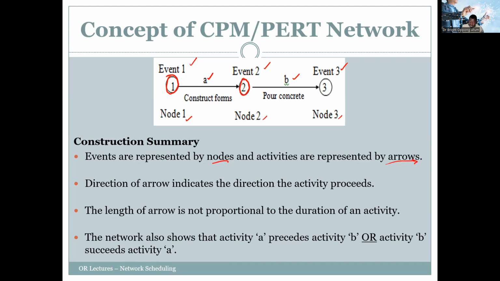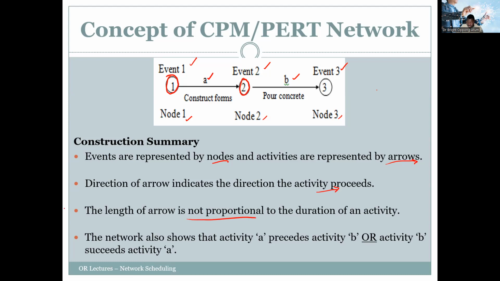The direction of the arrow indicates the direction the activity proceeds. The length of the arrow is not proportional to the duration of an activity. Also, the network shows that activity A precedes activity B, or activity B succeeds activity A.